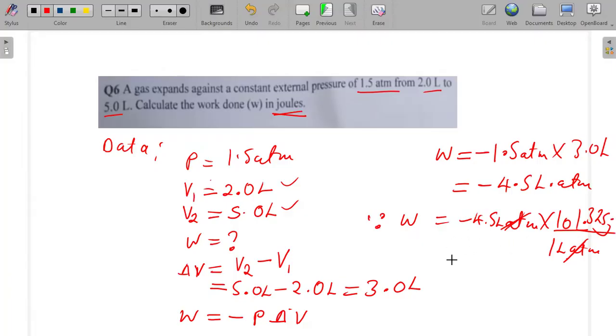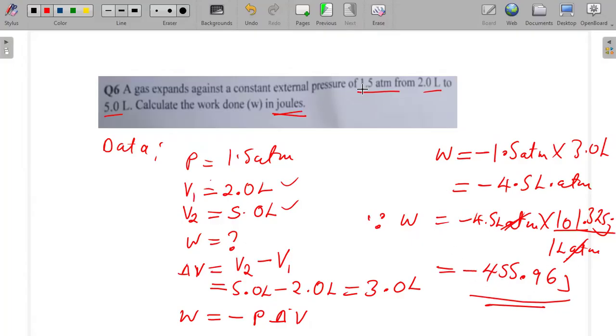Okay, so I can multiply there. I have negative 4.5 times 101.325. So I'm going to get my answer to be negative 455.9, so I can end on 6 joules. That's my final work there.